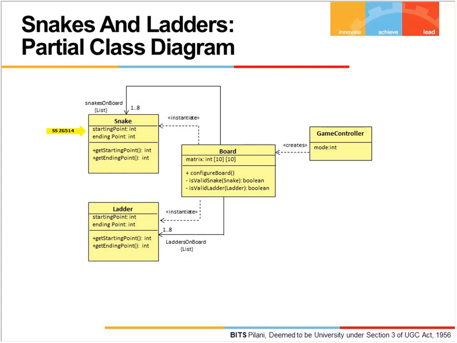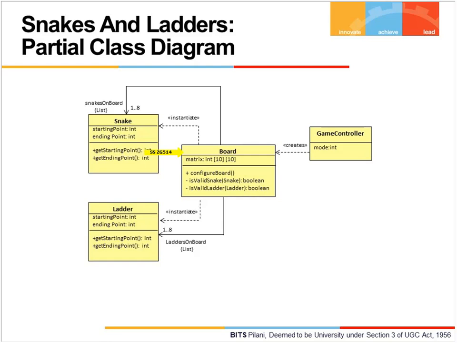The snake class has two attributes, start point and end point, and each one is of type int. Then it has two operations, get starting point and get ending point, and both of these operations return an integer. So this is the return type that I have specified here. Similar attributes and operations exist for the ladder as well.